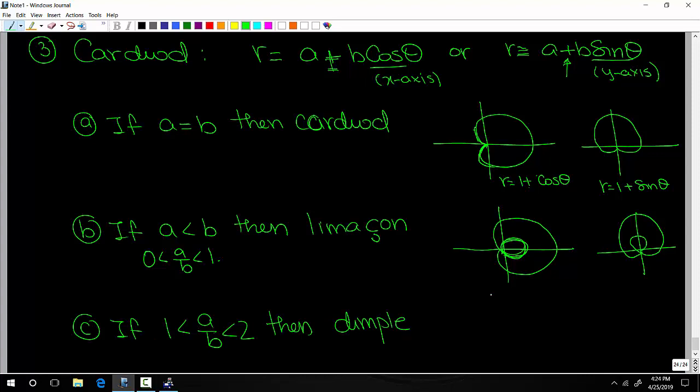So the dimple looks like this. Again, if we have cosine and a positive, then it will go along the positive x-axis. So the little curve here, a little knot curve, like this. And if it's along the y-axis, that's what it will look like.